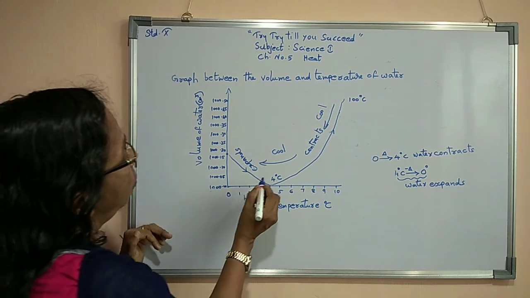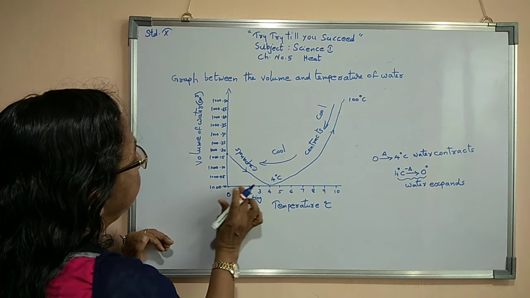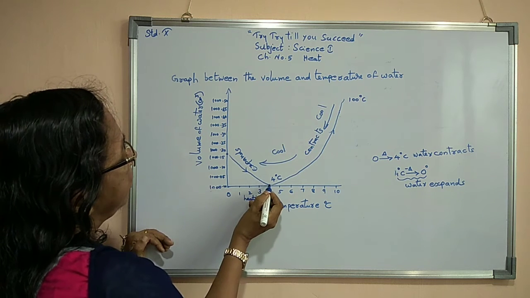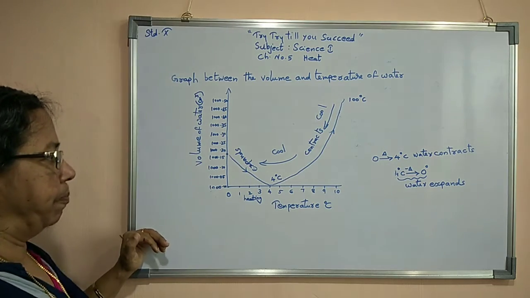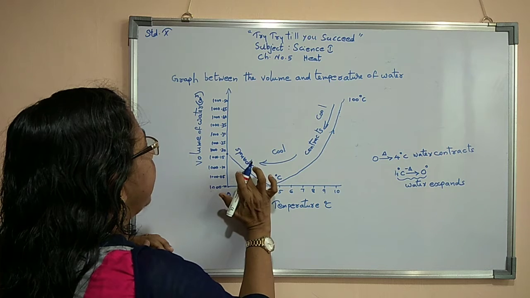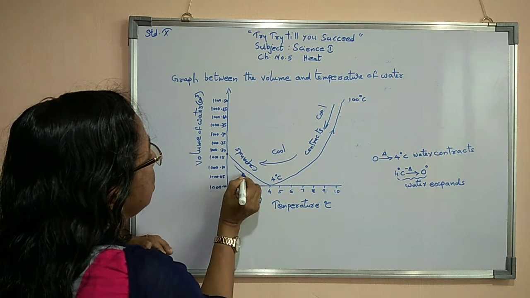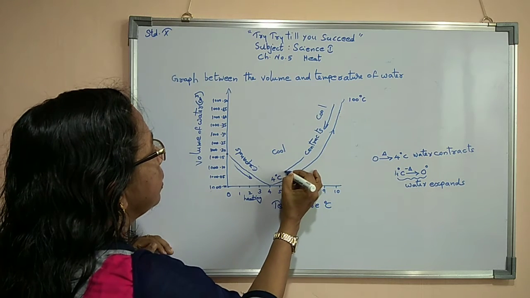But again, we are cooling from 4 degree to 0 degree Celsius. You can find that water is not contracting, water is expanding. Now, when we heat the water, the heating arrow I will show separately. This arrow will show up to 4 degree.